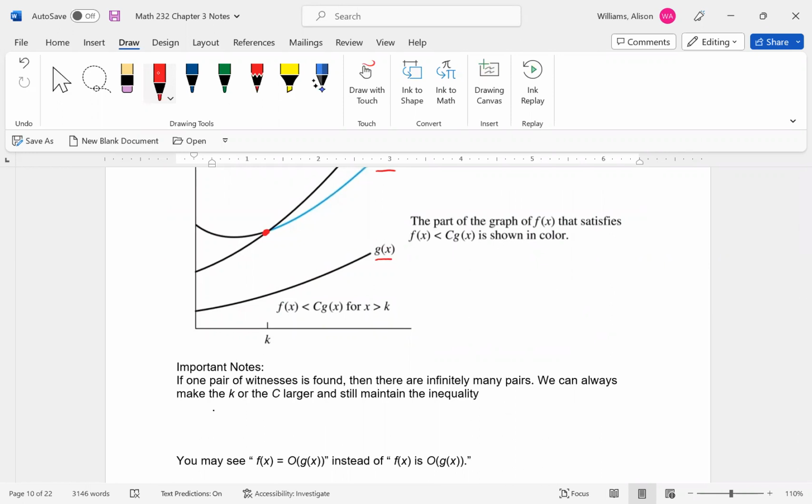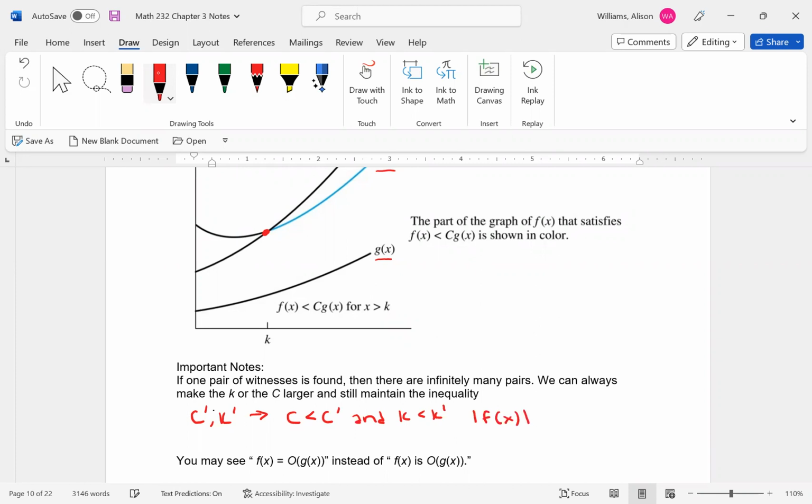We can always make k or c larger and still maintain the inequality, meaning that if we happen to have c prime and k prime such that c prime is bigger than the c we already have, and k prime is bigger than the k we already have, then it's possible to keep this inequality.